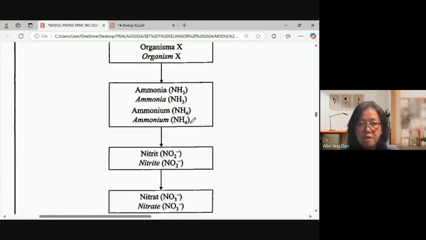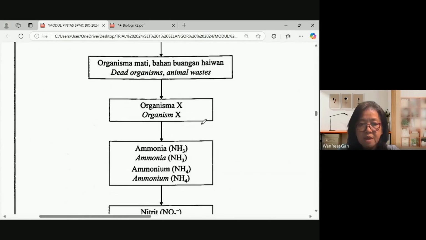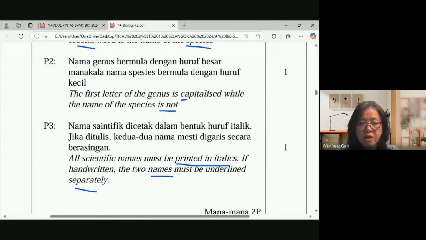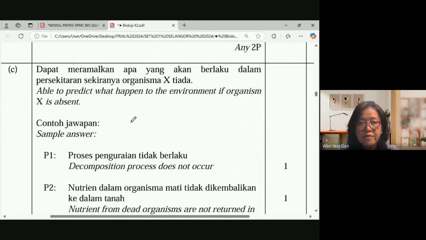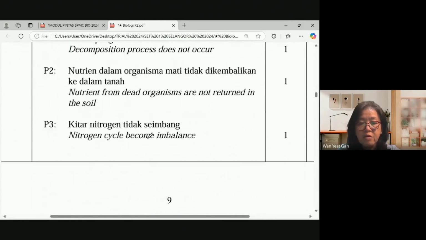Now, if organism X is absent, then the conversion of dead organisms to ammonia cannot be carried out. So, in other words, decomposition cannot take place. If decomposition cannot take place, the nutrients from the dead organisms cannot be returned to the soil.